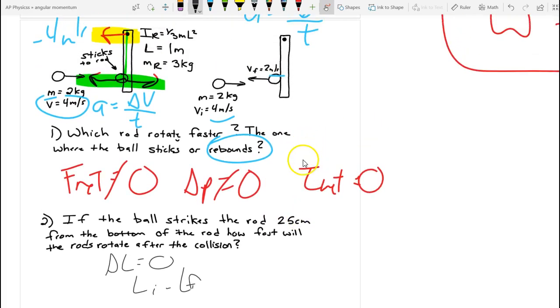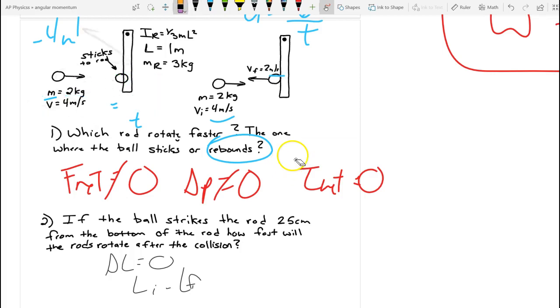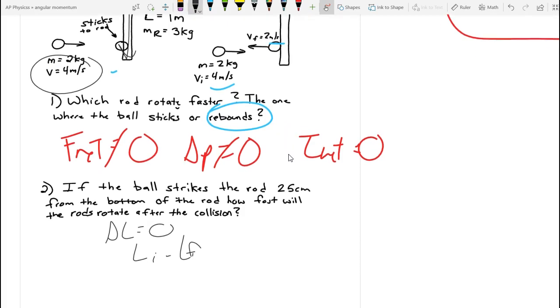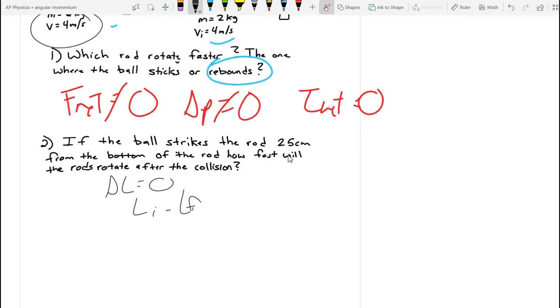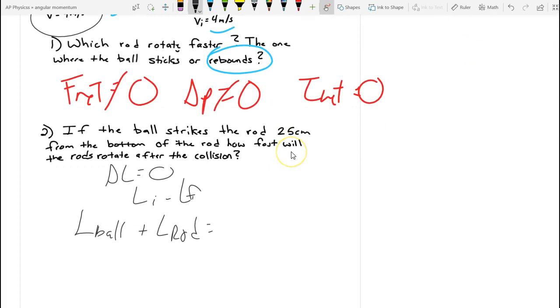So what has angular momentum beforehand? Well, nothing is rotating, but I have an object moving at a velocity, so it has linear momentum and it has an r. So I could say the angular momentum of the ball plus angular momentum of the rod must equal, and if they stick, we can look at them as a total.